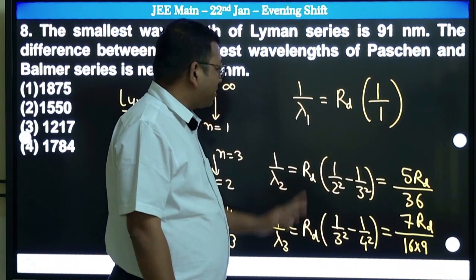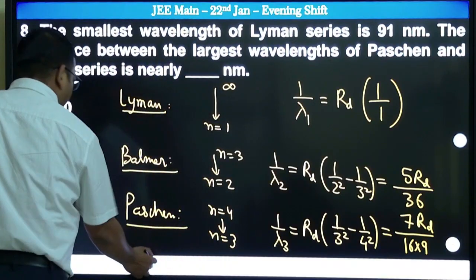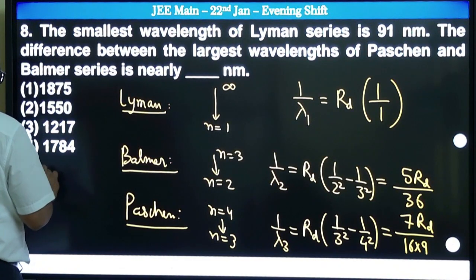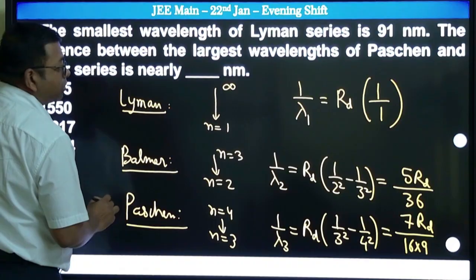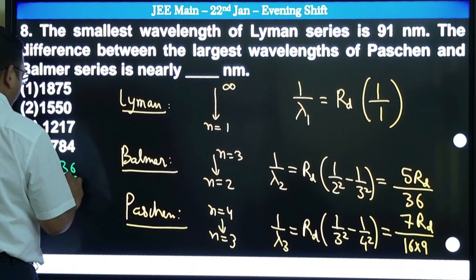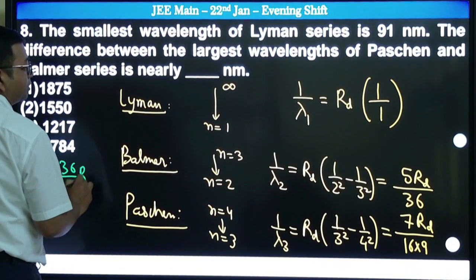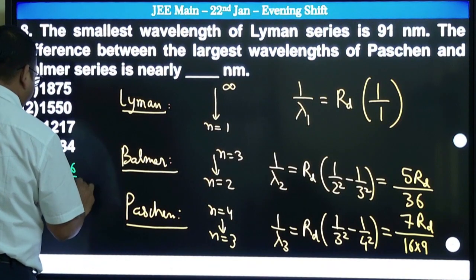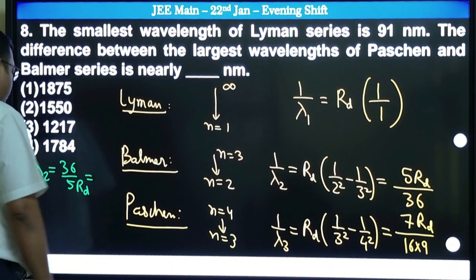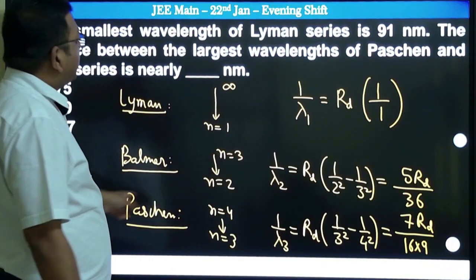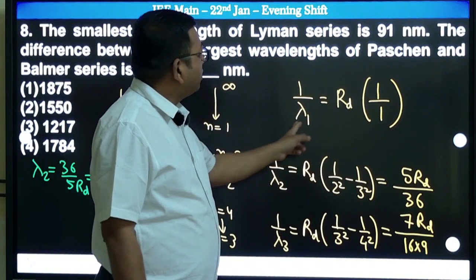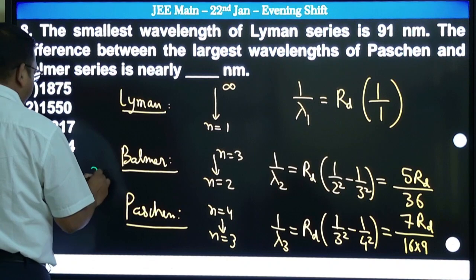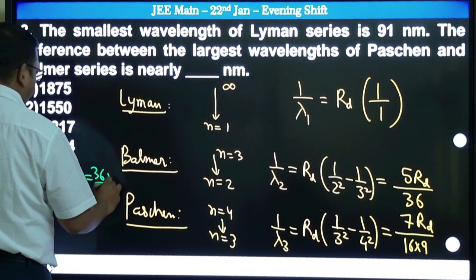What will be lambda 2? Lambda 2 is equal to 36 by 5 Rydberg constant. The Rydberg constant goes in the denominator, so the reciprocal of the Rydberg constant is lambda 1. So lambda 2 is 36 by 5 lambda 1.